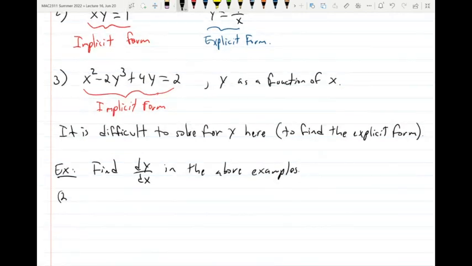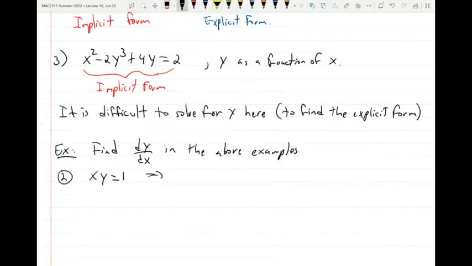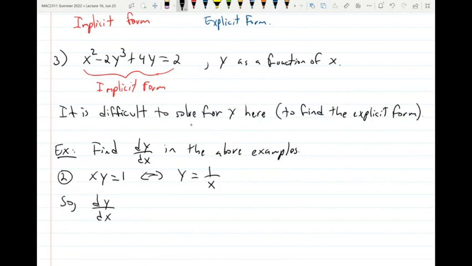So example number 2, we have xy equals 1. If you want to find dy/dx, we can get away easily by saying this is the same thing as saying y is 1 over x. So dy/dx, or y prime, equals, what's the derivative of 1 over x? Negative 1 over x squared. So we managed to do it.